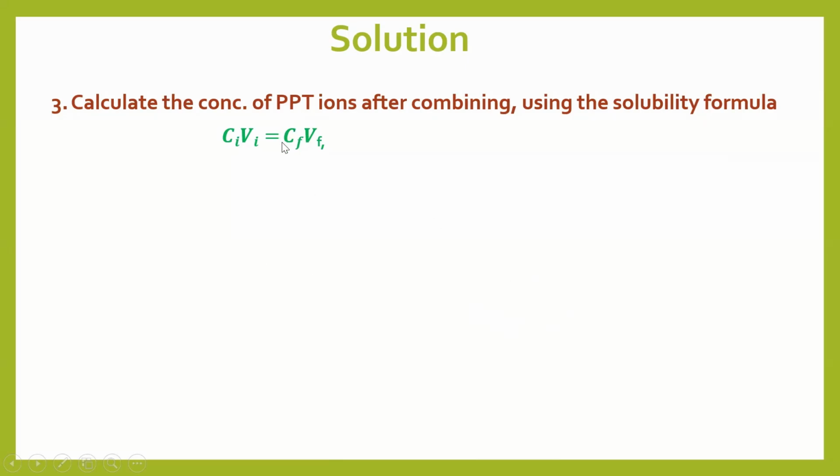We need the final concentration of each ion to calculate the Qsp. And the Qsp is crucial here to understand the relationship between Qsp and the Ksp. Ksp is given in the problem. So the final concentration will equal the initial concentration times the initial volume divided by the final volume.